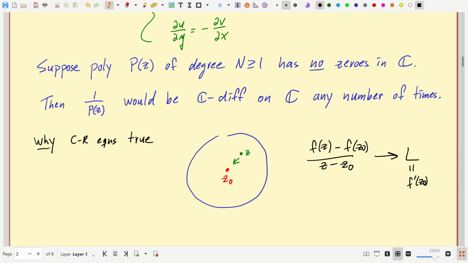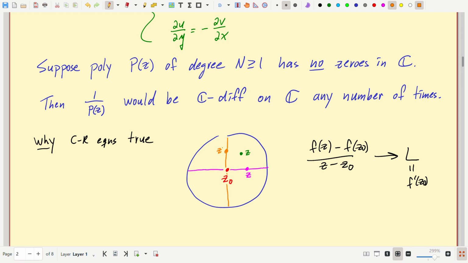Well, for the Cauchy-Riemann equations we observe, instead of sliding in along arbitrary directions, I slide in along two directions. One direction is going to be the horizontal direction. So I'm going to let z slide in to z naught along the horizontal direction. And then I'm going to let z slide into z naught from the vertical direction. And those would have to be the same.